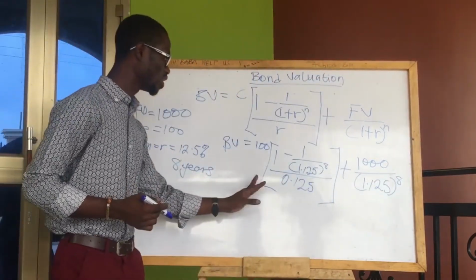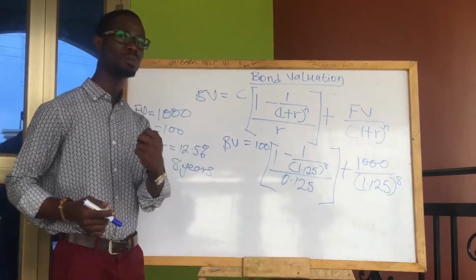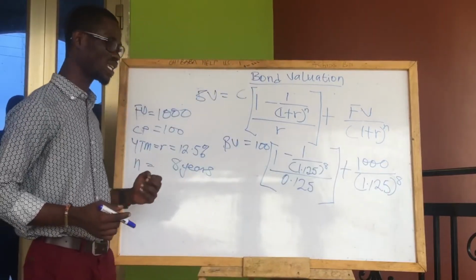So you use your calculator, then you compute everything. It gives you how much you'll be willing to pay for such a bond.